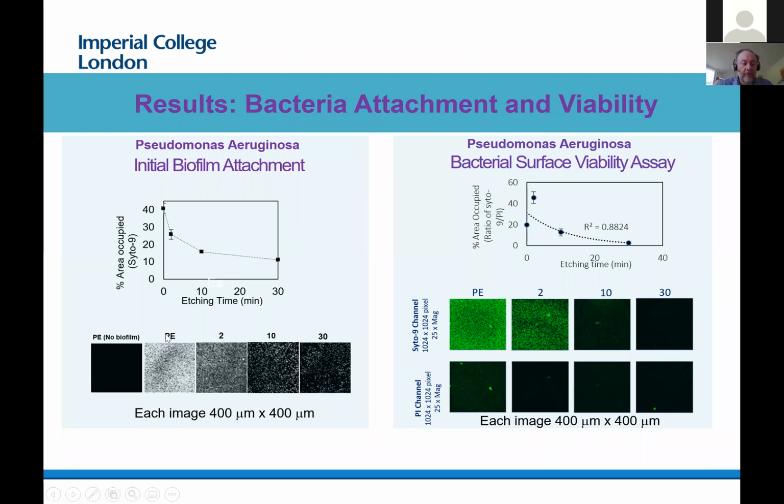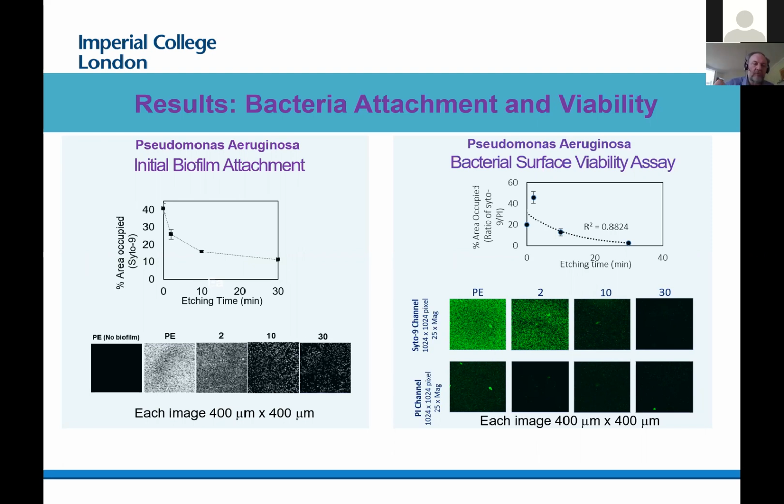So the first experiment I'm showing you is PE, and this is PE that's not been oxidized, untreated. I dip it in, I wait 30 minutes, I take it out, I wash it, and you can see these white areas here. The white areas shown in this image represent bacteria attached to the surface. And these bacteria are sufficiently attached that you can't wash them off. So they are quite robustly attached.